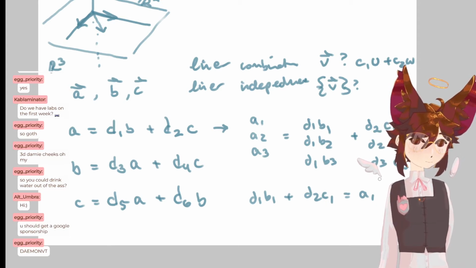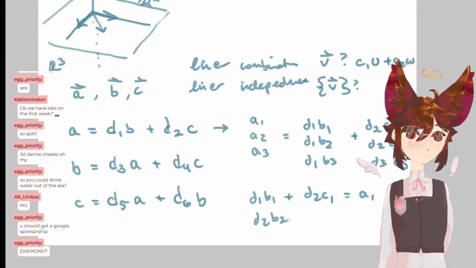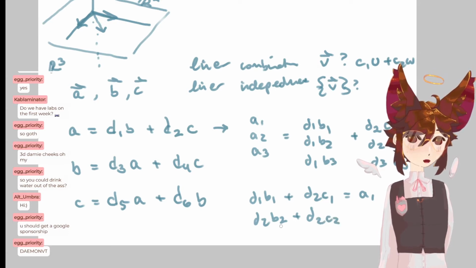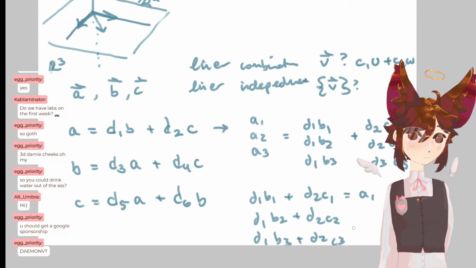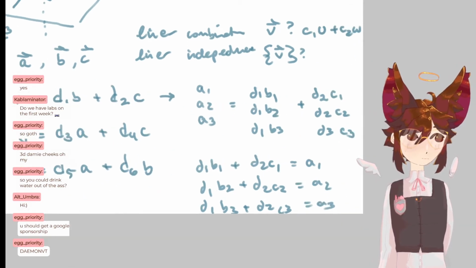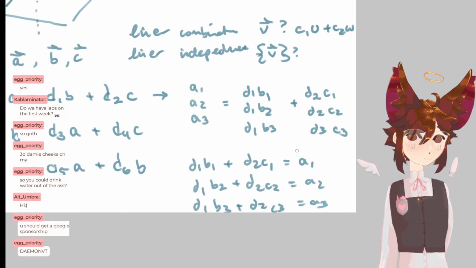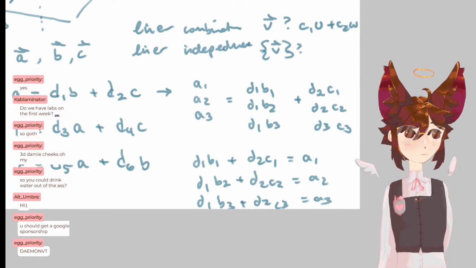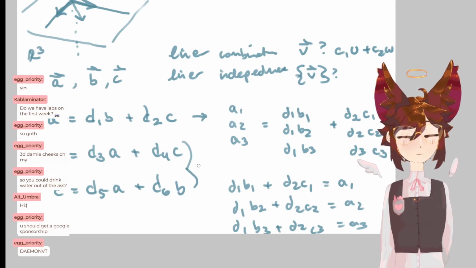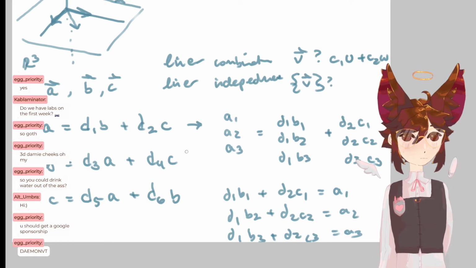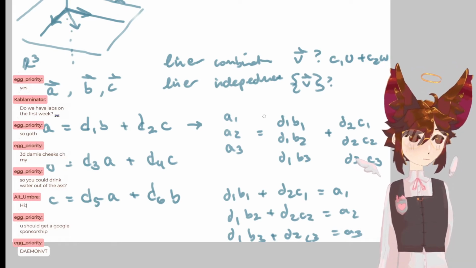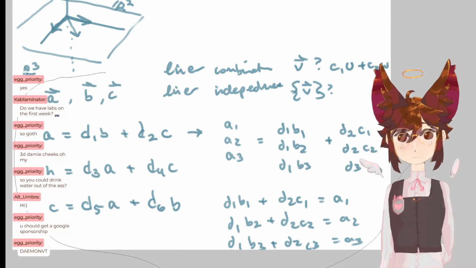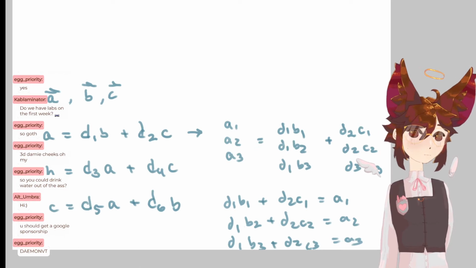If we continue this, we'll get D1 B2 plus D2 C2 equals A2, and D1 B3 plus D2 C3 equals A3. And then we can go about solving this, but obviously we can't because we don't have enough information. But from these other ones, we can get those information chunks to be able to solve it. It just looks kind of crazy. Let me pull this over to a new little thing here.